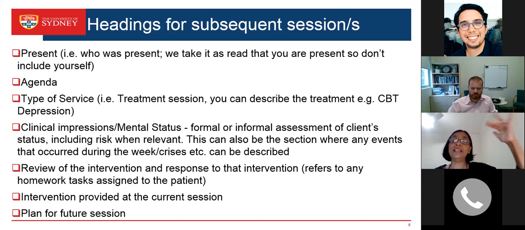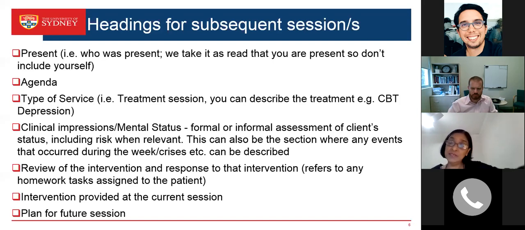There's usually a heading around agenda, like what are we going to be covering in today's session? What was provided, so what was the type of service that was delivered in that session? This is you. What are your impressions of how that person presented in that session? Sort of a mental status, clinical impression heading and comment.